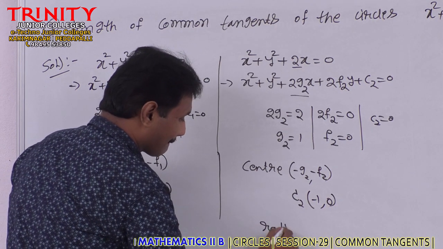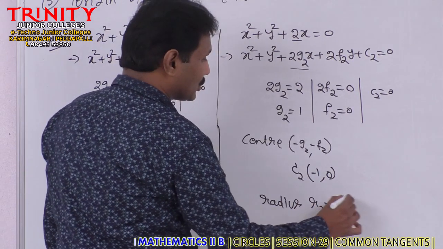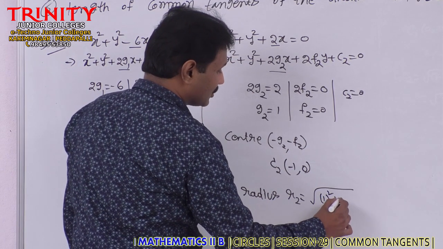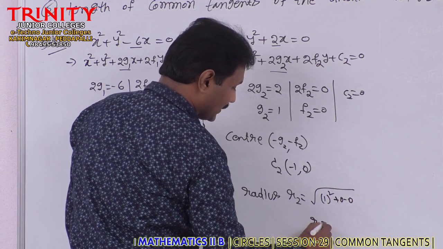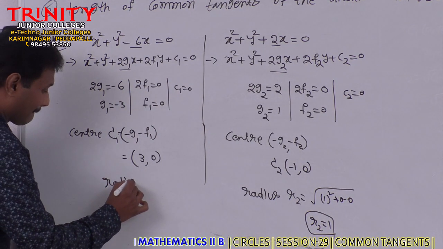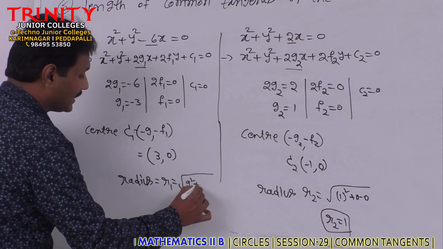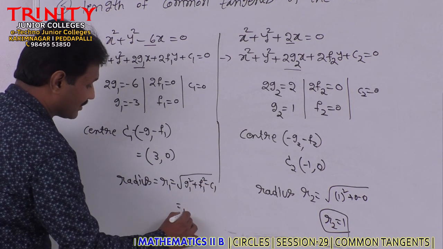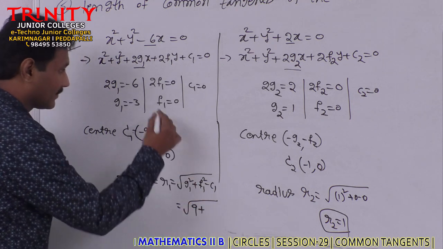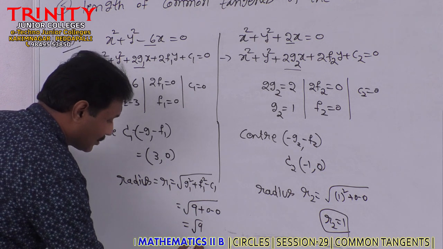Radius r2 = √(g2² + f2² − c2) = √(1² + 0 − 0), so r2 = 1. Here radius r1 = √(g1² + f1² − c1) = √((−3)² + 0 − 0) = √9 = 3.